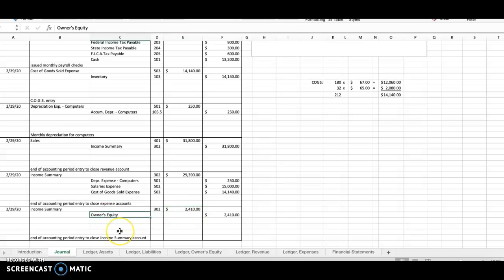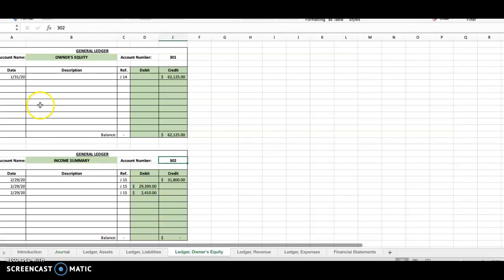And now we use owner's equity. Owner's equity is the account that gets credited by 2410. So when I go here, I credit 2410. That doesn't close owner's equity. That does not get closed.